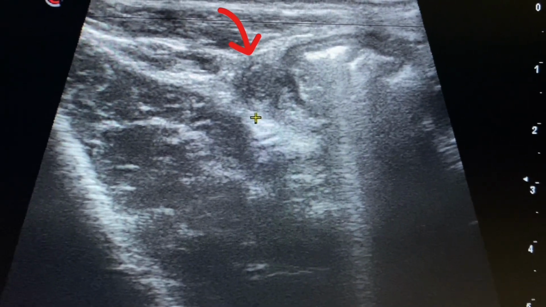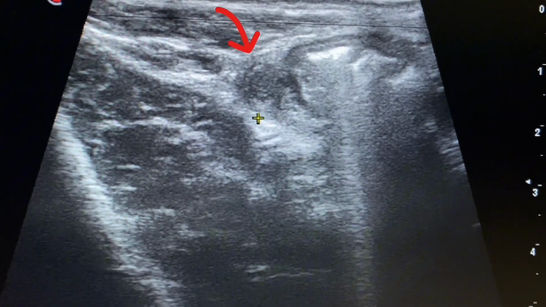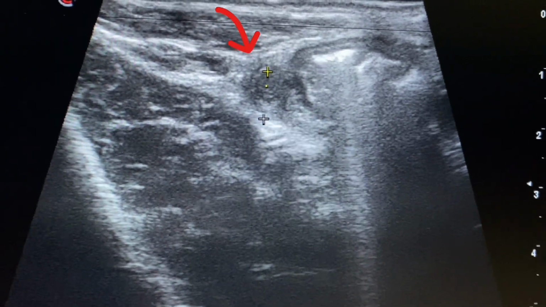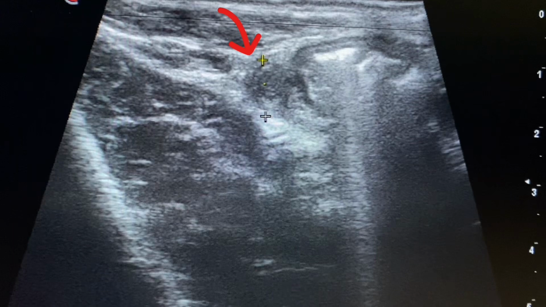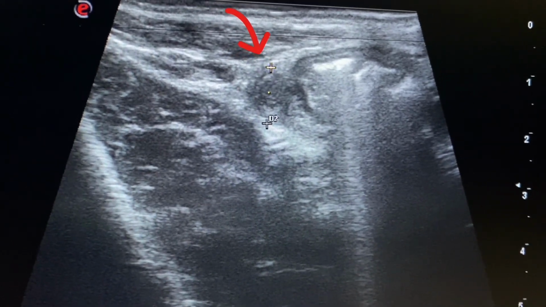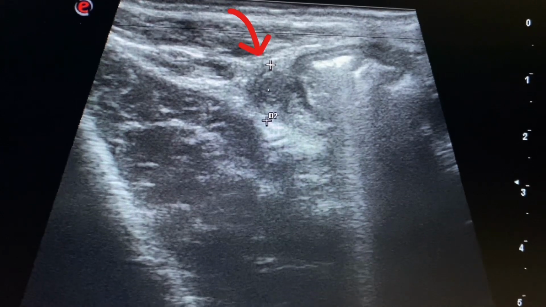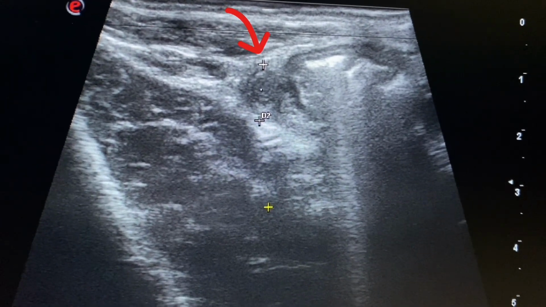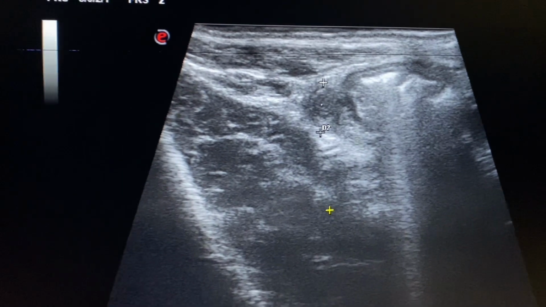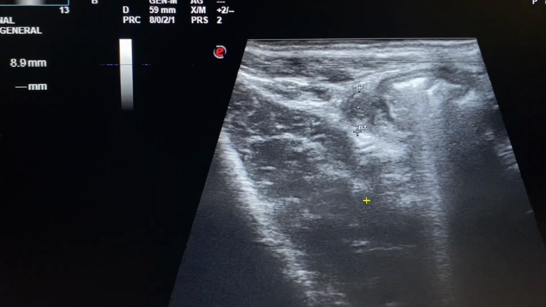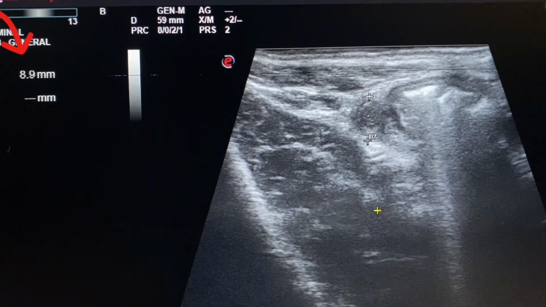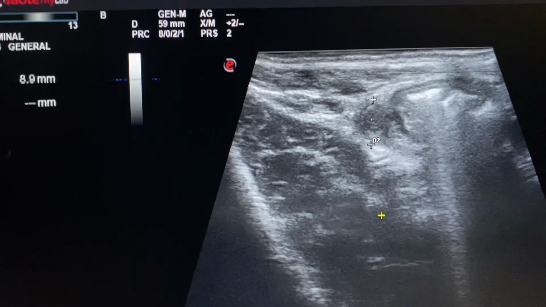Now we will measure the anterior posterior diameter of appendix. The anterior posterior diameter of appendix is 8.9 millimeter.